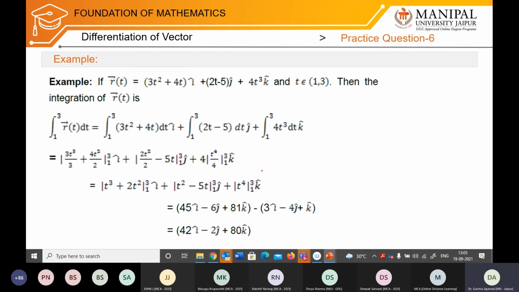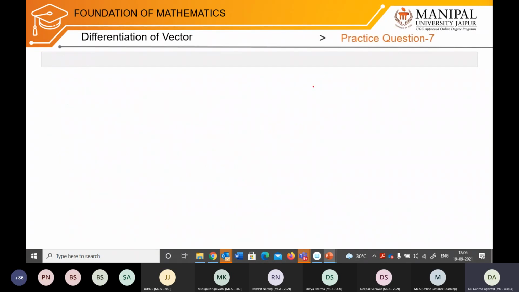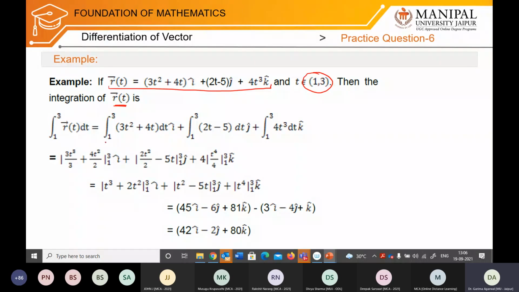This is the integration. Example: this is the vector r and I need to find the integration of this term, and the limit of the integration is 1 to 3. So integration of the i cap component under the limit 1 to 3, then integration of the components of j cap and k cap.